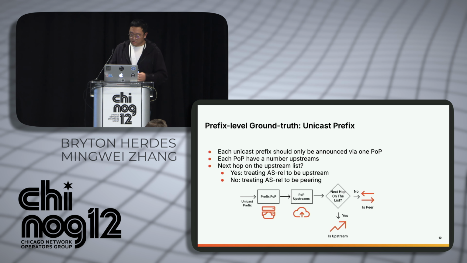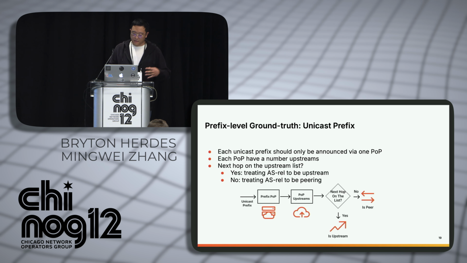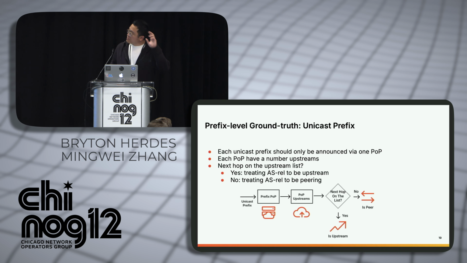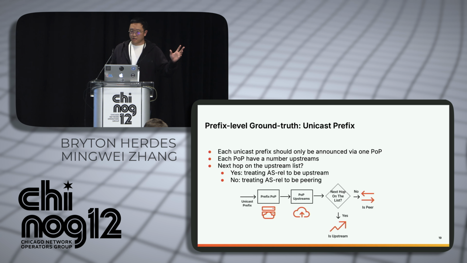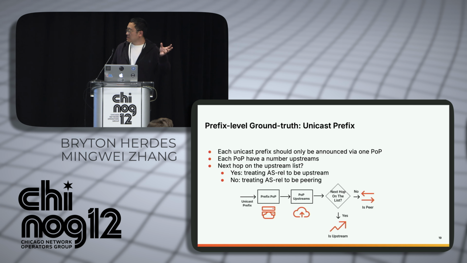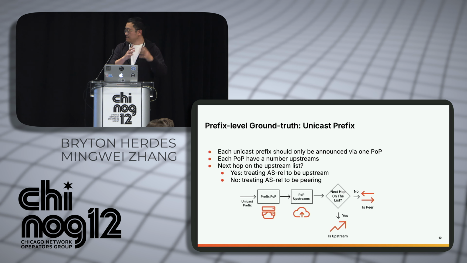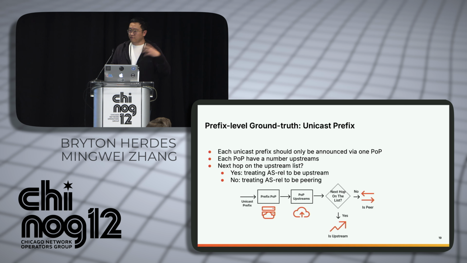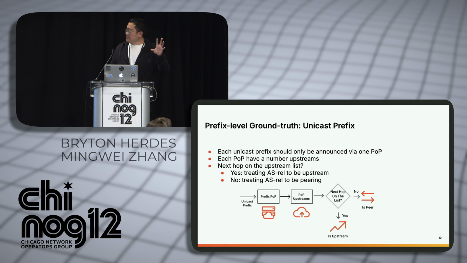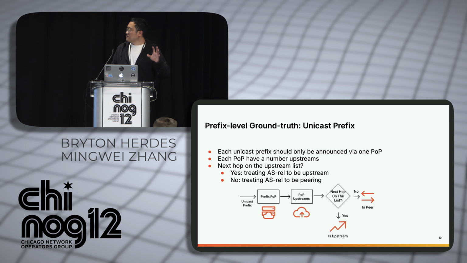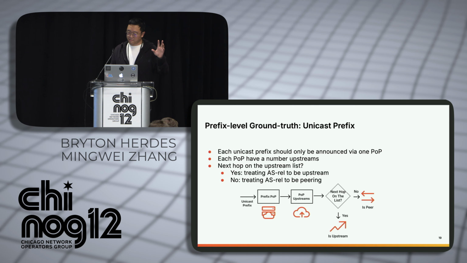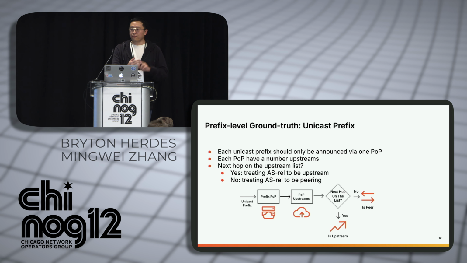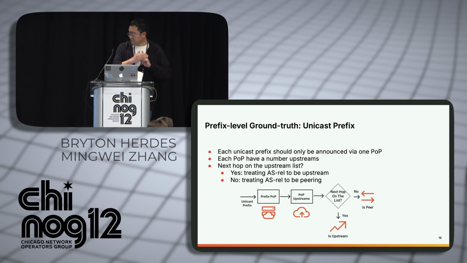The logic becomes: when we look at a unicast prefix and check the paths, we first map the prefix to the PoPs, then map the PoP to the upstreams. Then we match whether the next hop of us is on the list or not. If it's on the upstream list, we know for sure it is the upstream for this particular prefix, and that's 100% for sure.